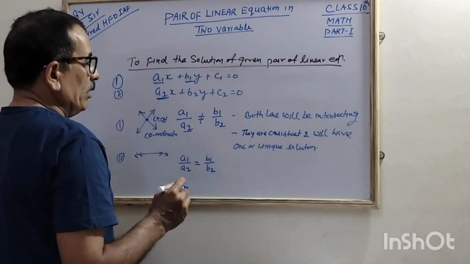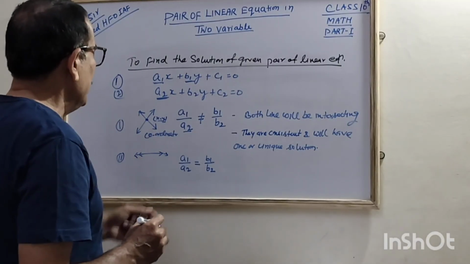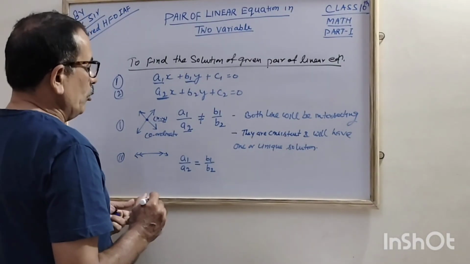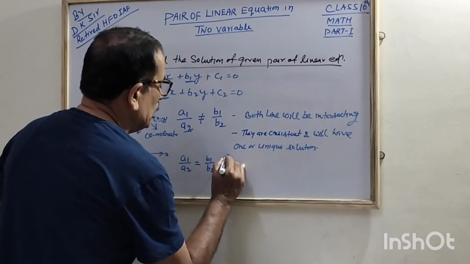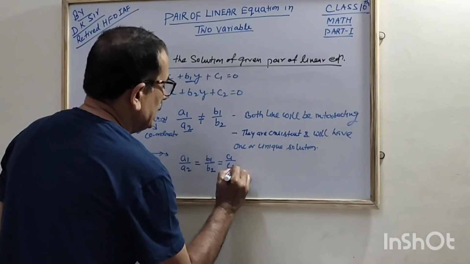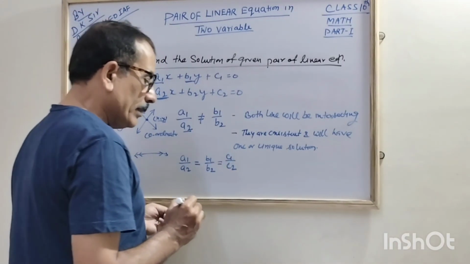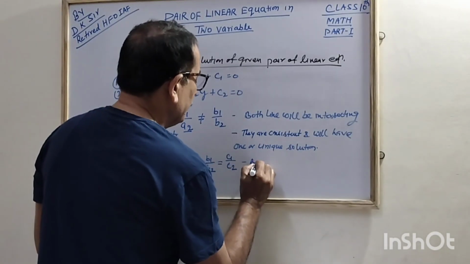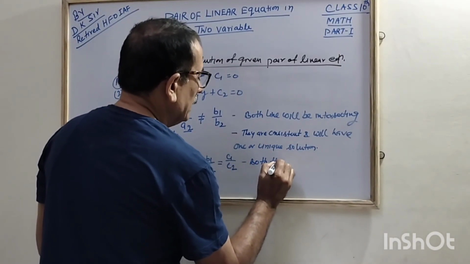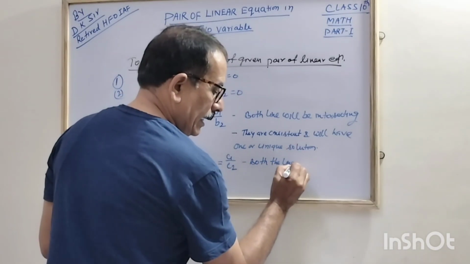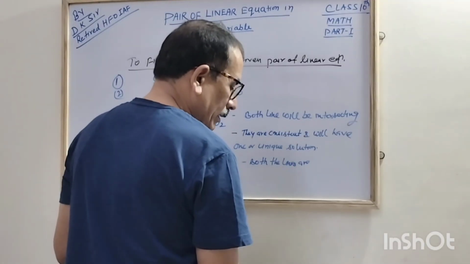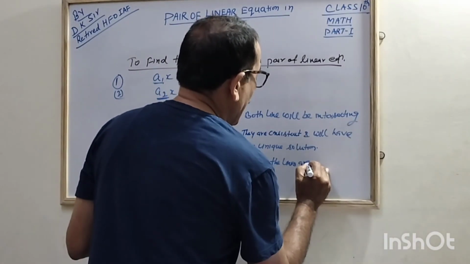It will have a unique solution. The second case is when a1 by a2 is equal to b1 by b2 and equal to c1 by c2, all three are equal, then we say both the lines are coincident.